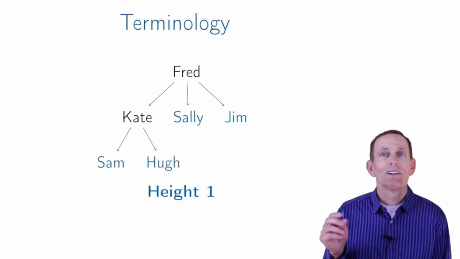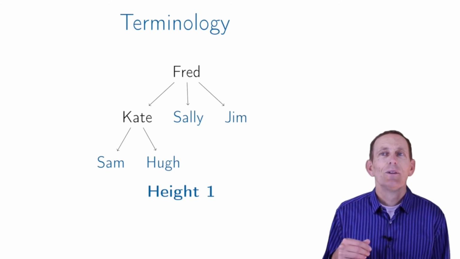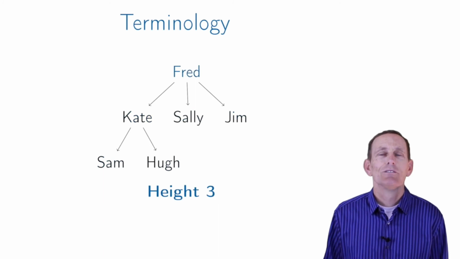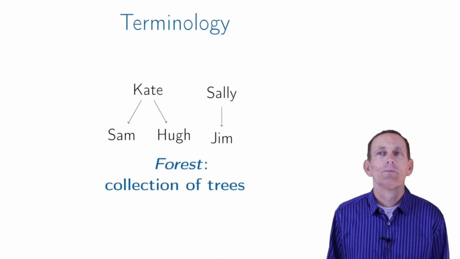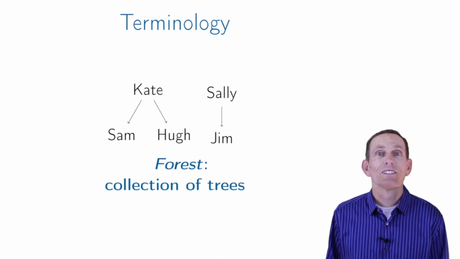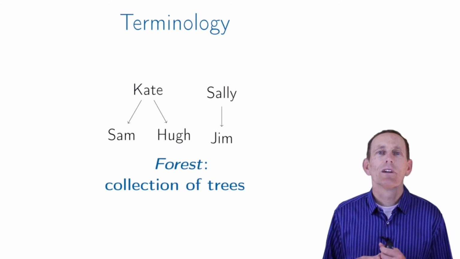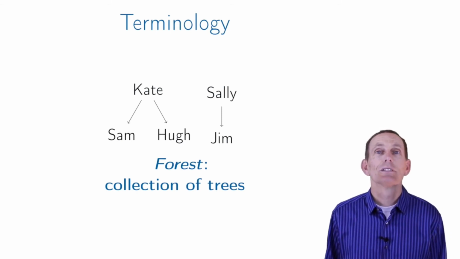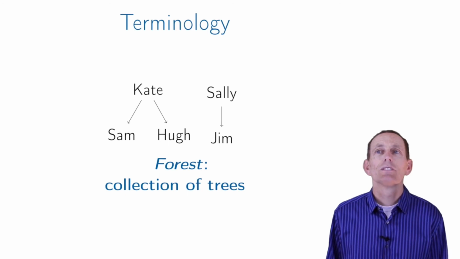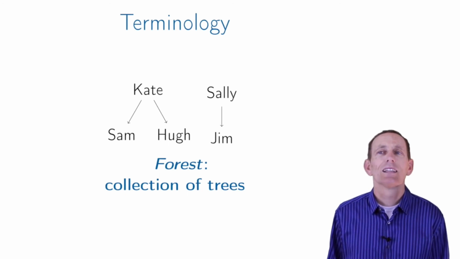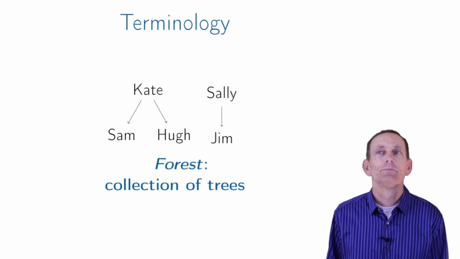So the leaf heights are 1. Kate has height 2, Fred has height 3. We also have the idea of a forest, extending this tree metaphor. It's a collection of trees. So we have here 2 trees with a root Kate and a root Sally, and those form a forest.